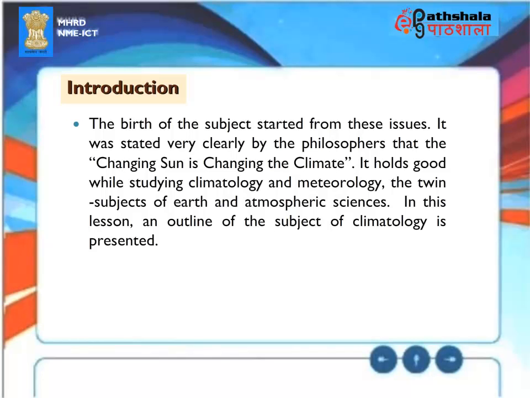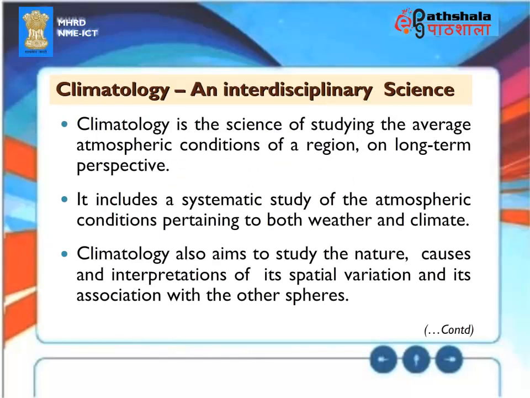It was stated very clearly by the philosophers that the changing sun is changing the climate. It holds good while studying climatology and meteorology, the twin subjects of Earth and atmospheric sciences. In this lesson, an outline of the subject of climatology is presented.